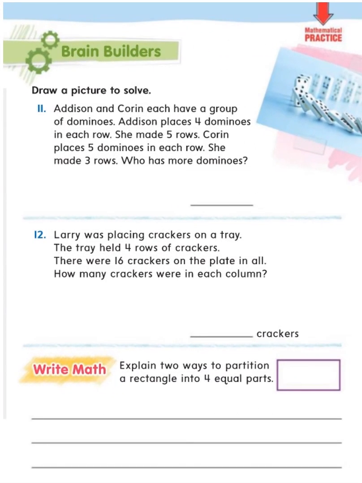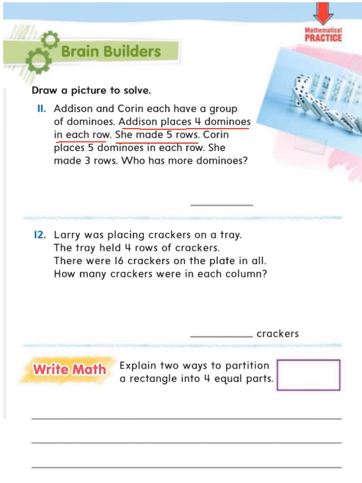Whoa, there's a lot of reading here. Okay, for number 11, it says draw a picture to solve. And before I go on, if you remember how to make an array, this might be very useful. Addison and Corinne each have a group of dominoes. Addison places 4 dominoes in each row. She made 5 rows.